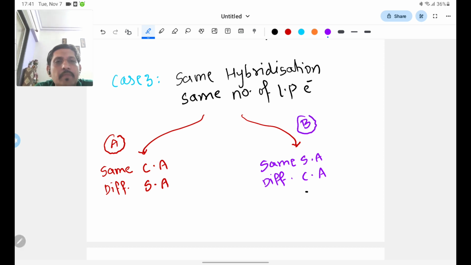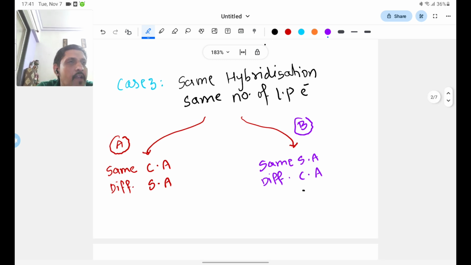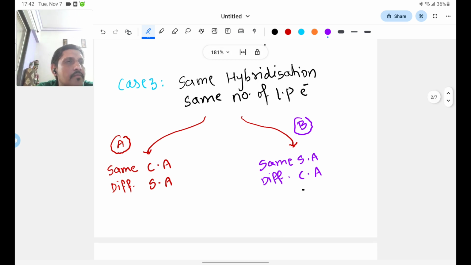Case A and case B. Case A: same central atom and different side atoms, and case B: same side atom but different central atom. So let's go to our first case. The molecules having the same hybridization and the same lone pair, but the same central atom and different side atoms.